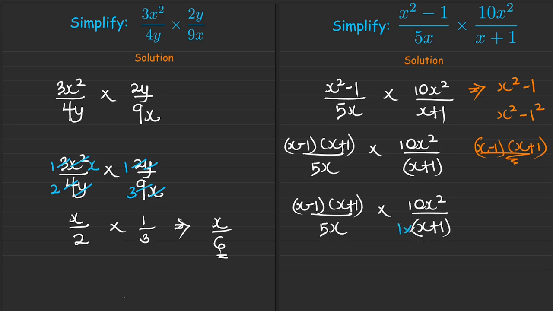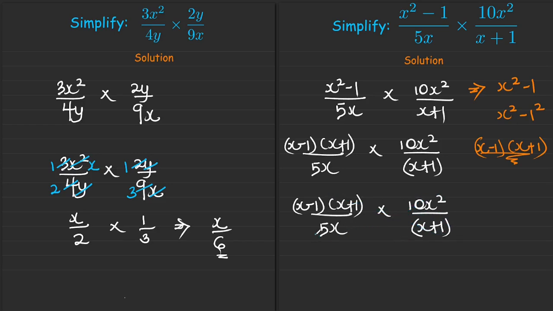So this is 1 times x plus 1. So choosing to cancel first, there is nothing for us to cancel if we want to do it vertically, because this here has got no factor up here, and the same applies to what we have here. So let's choose to cancel diagonally.